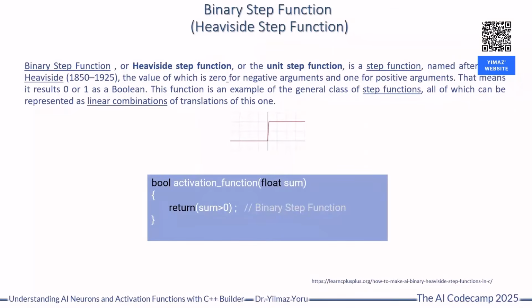This function is an example of the general class of step functions, all of which can be represented as linear combinations of translations of this one. So it is a bool function. It takes a floating input, the sum of net input values, and as a result we give 1 or 0, depending on this sum. And here is a simple example of this in C++.